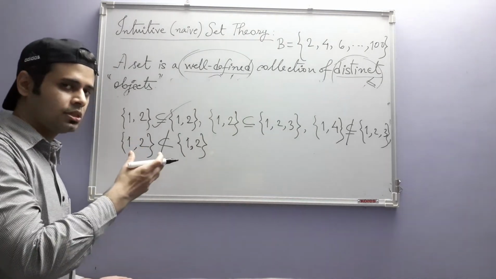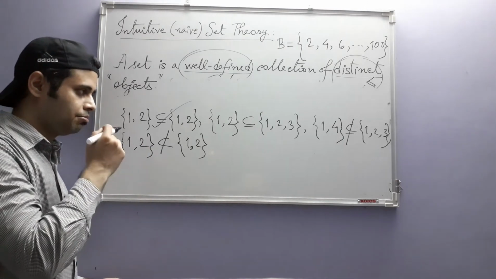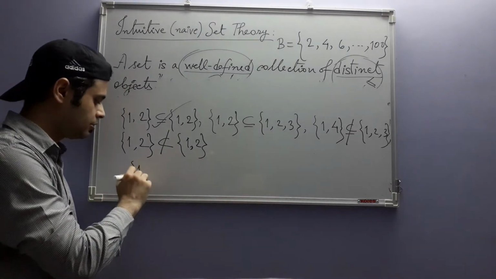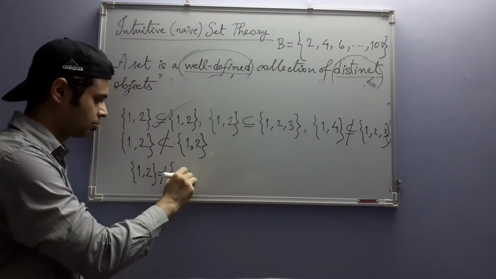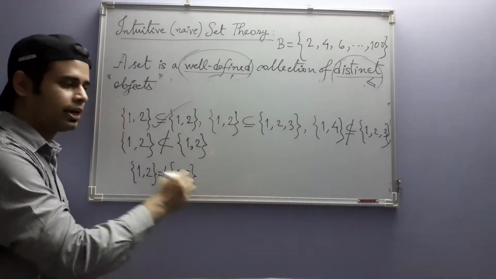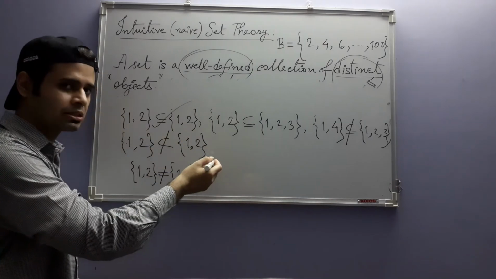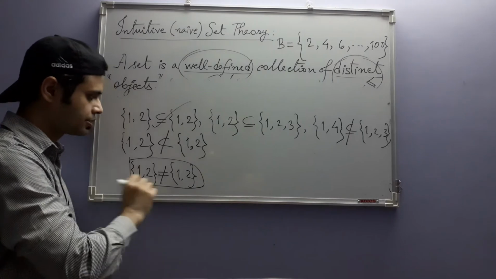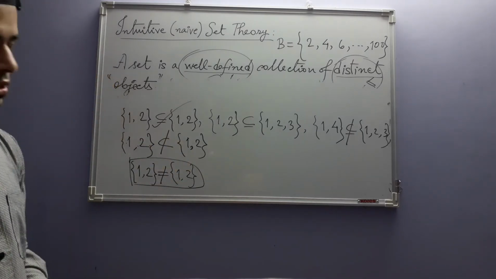The first condition is that it has to be a subset, but then that being not equal condition is there. Clearly this is false. Had this been true, we would have had {1, 2} as a proper subset of itself, but that is not the case. This is false.